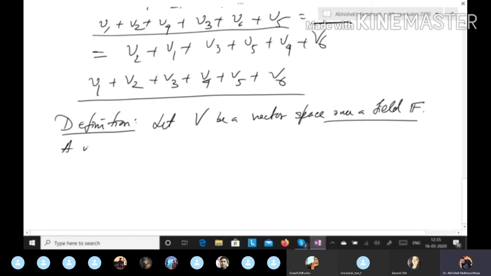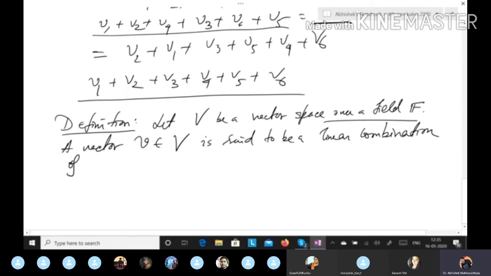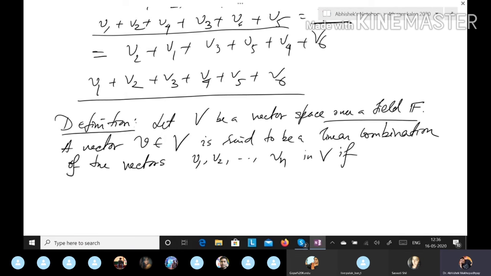Now a vector v belonging to capital V is said to be a linear combination of some vectors, suppose v1, v2, ..., vn in V. When do we call it a linear combination of these vectors?